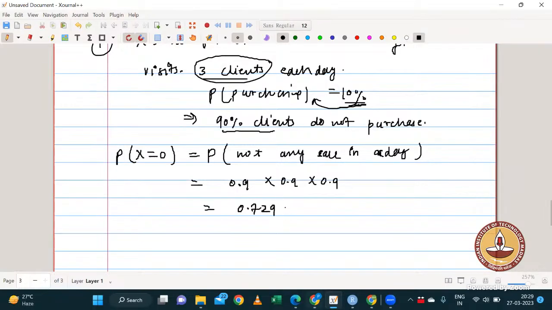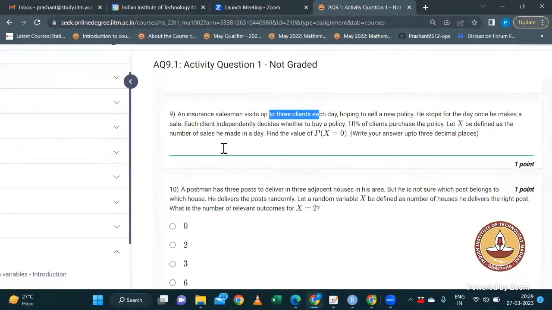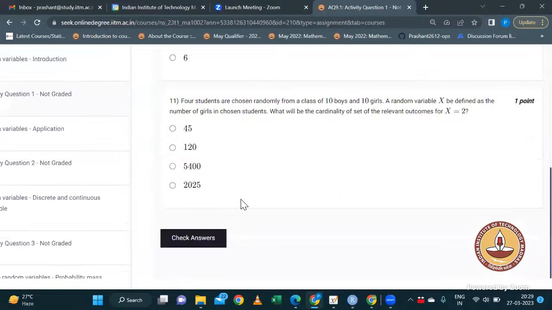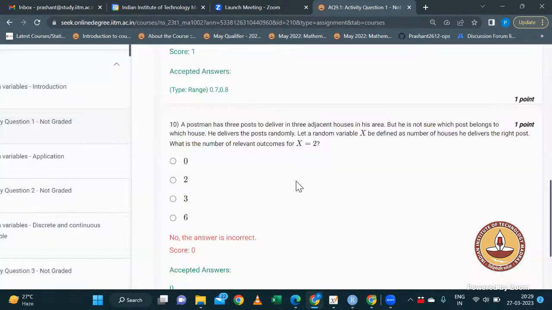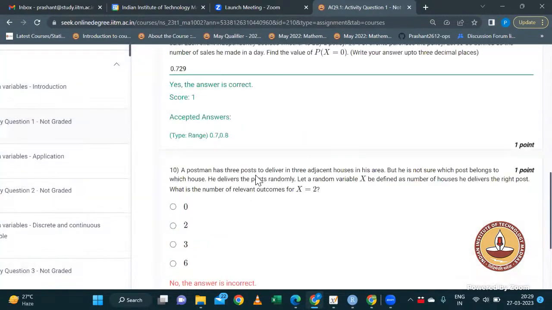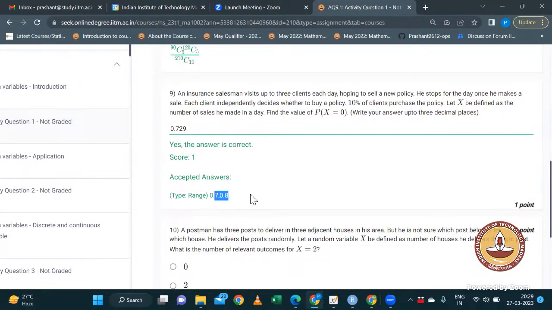Yes, sir. Okay, so you can check from here, 0.729. Let me check the answer. Okay, so 0.729 is in this range. Is this clear now? Yes, sir. Great. Sir, could you open the board?